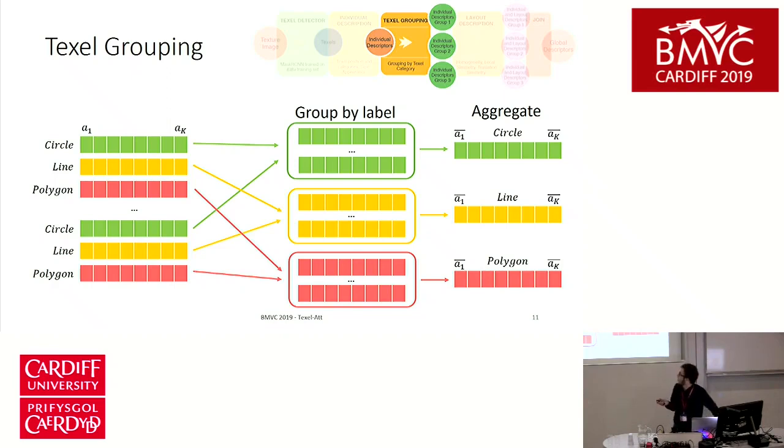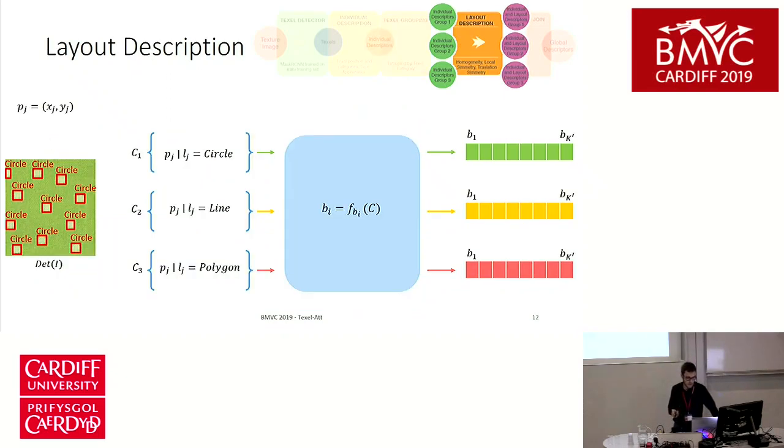Now, at the end of this step, we have for each class in the image a description of the average visual appearance of the texels. In the following step, we start again from the output of the mask RCNN, and we compute the layout attributes, which are the attributes that can be computed by considering the set of texel positions within the image.